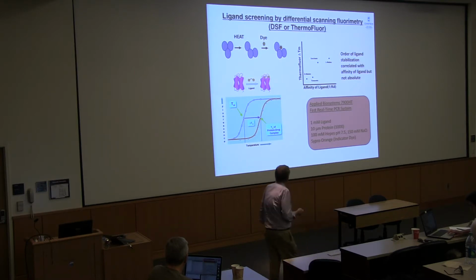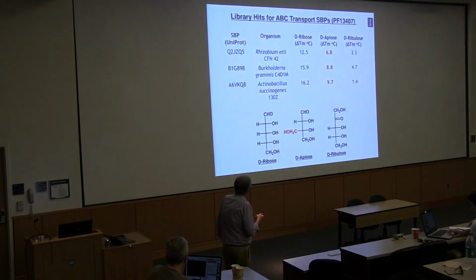This is carbohydrate enriched because of my previous interest in the enolase superfamily. And so we can do this easily. Okay, so we did this for members of PFAM 13407. This is one of the solute binding protein PFAM families. And we discovered three solute binding proteins that had hits with apiose.